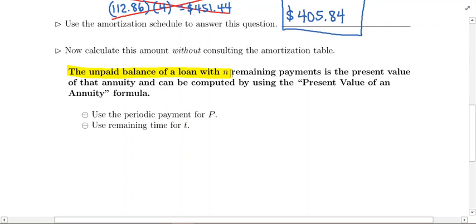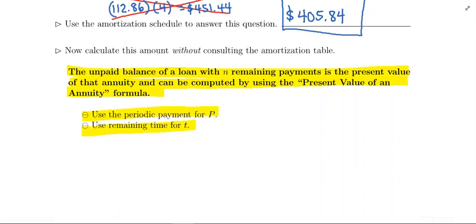I'm going to highlight this, because this is very important. This is how you compute unpaid balance. Again, unpaid balance means how much you still owe on the purchase price after a certain number of payments.